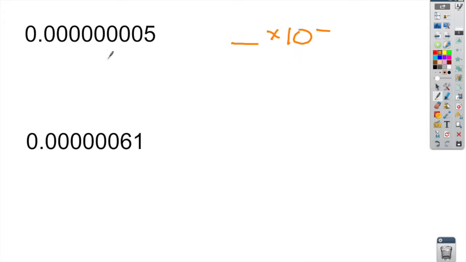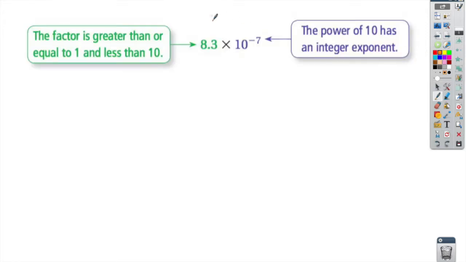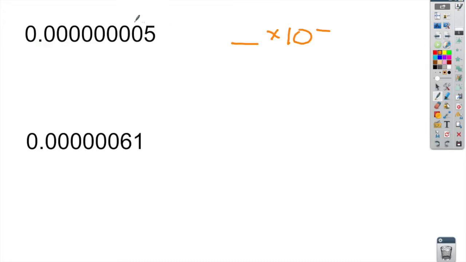So in this case, what we want to do is this. We want to see where we want to move the decimal to. Now, if I go back to this last page, the rule was that we want to put the decimal so that this number here is greater than or equal to 1 and less than 10. So if I look here, that means I want to put the decimal here. I want this to become 5.